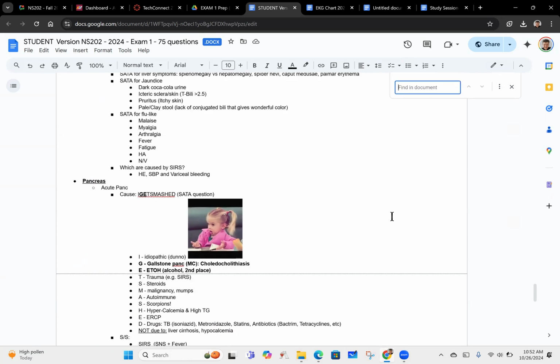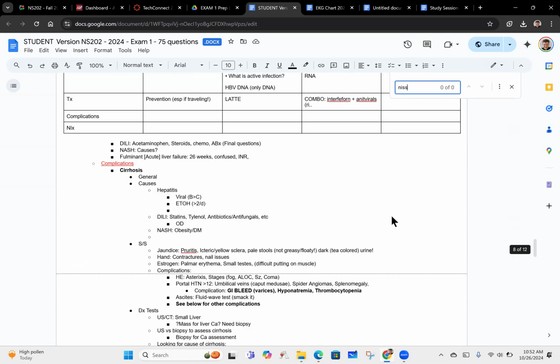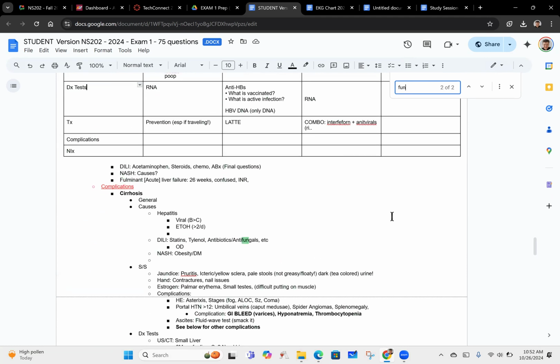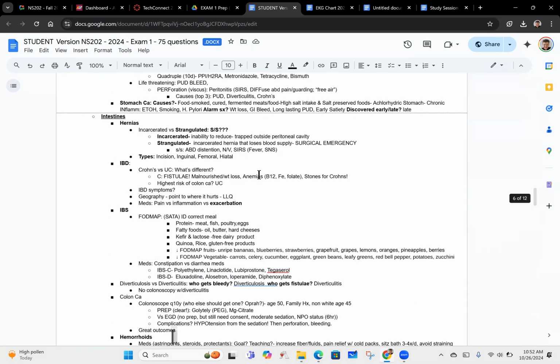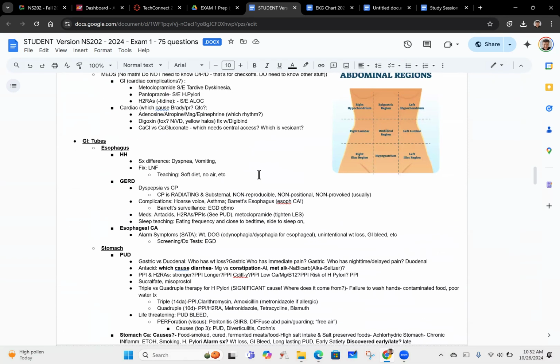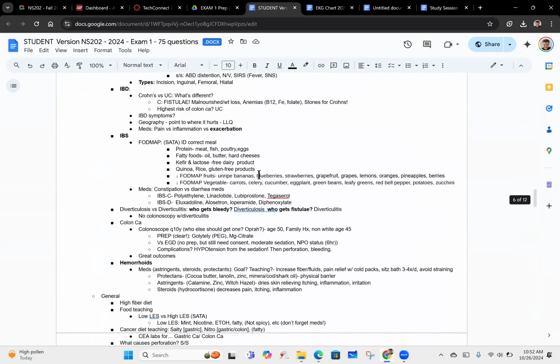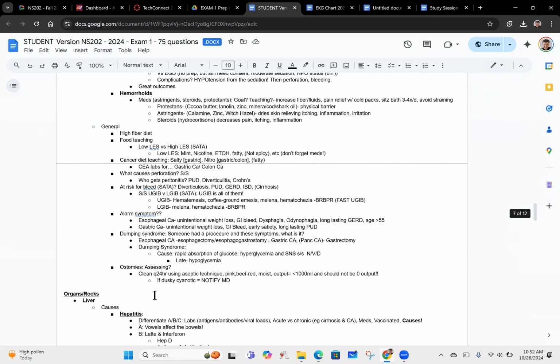Let's go to our Nissen fundoplication. Oh, good. We haven't made one yet. So let's make a fundoplication table, and that would be under GI tubes, right? So general stuff, teaching and such, like dumping syndrome, esophageal cancer and such. So you can make a quick table, right?